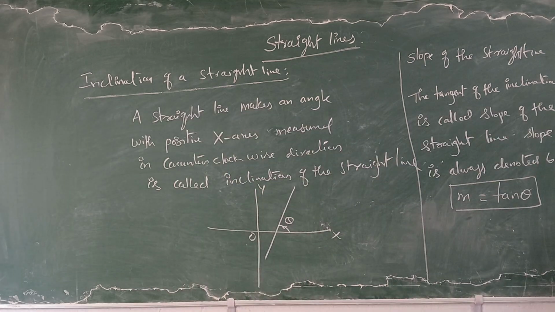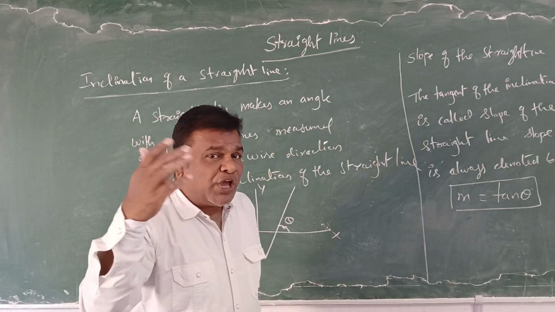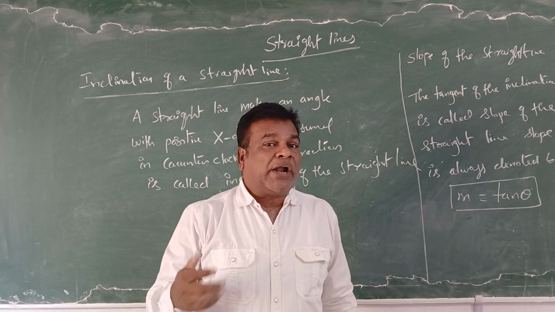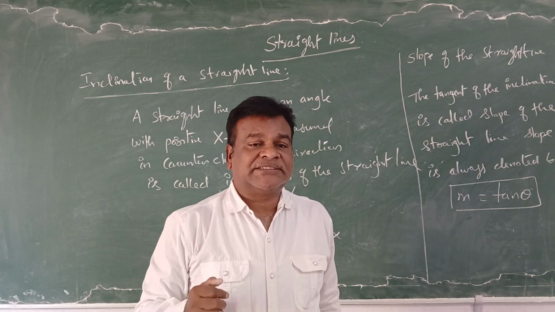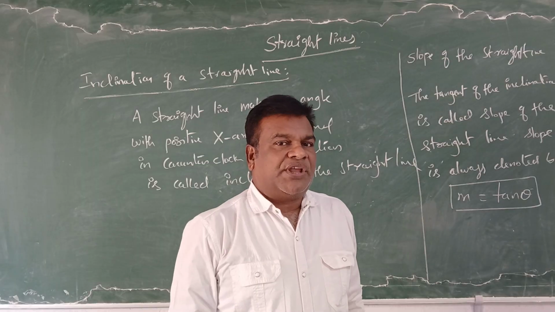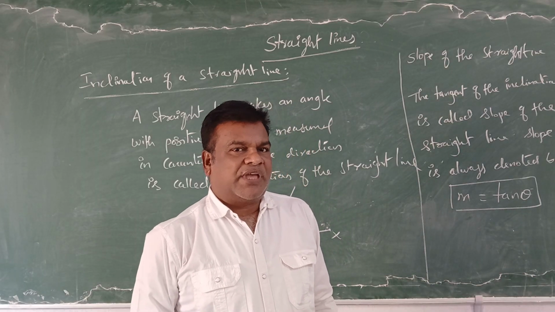Next, we will go through different forms of straight lines. Before that, I have a doubt. What is the slope of the x-axis? Can anybody define the slope of the x-axis? Okay, I will tell you.